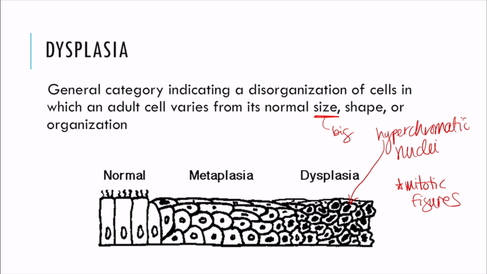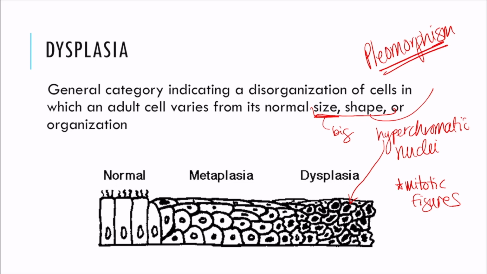When they vary in size and shape, the fancy word for this is pleomorphism. Pleomorphism means a variation in size and shape.